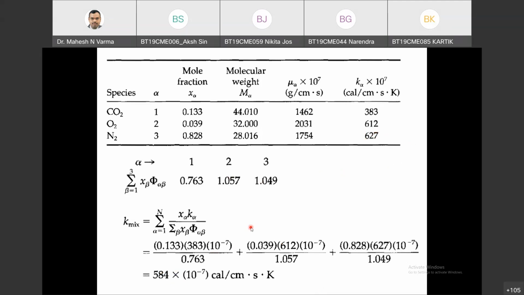If you are getting a thermal conductivity less than 382, it is not at all possible. Greater than 627 is also not at all possible. But as the nitrogen content is 82%, certainly it will be closer to this. Just a rough estimate you can get for the thermal conductivity of the mixture. We already solved this, so you can go home and solve this problem.